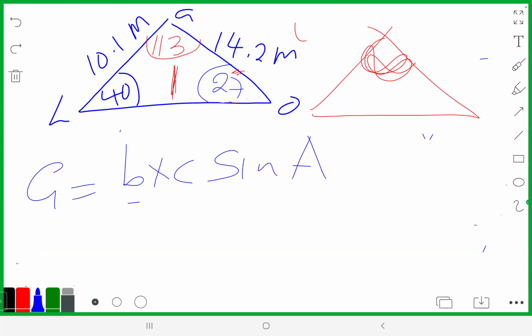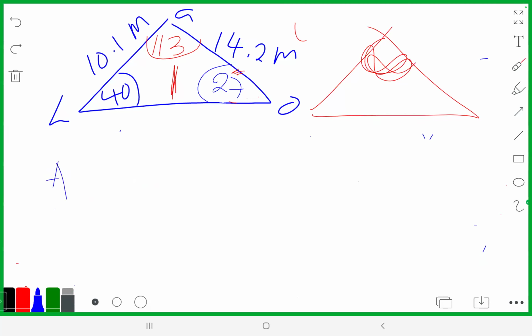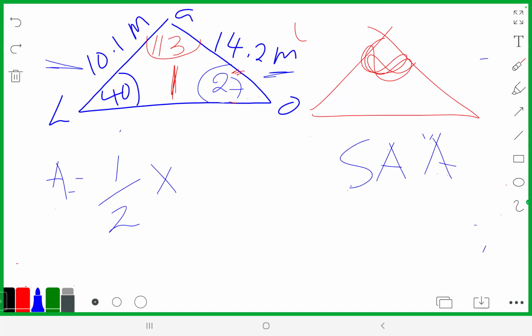Let me explain again so that you are not confused. It should be written as area equal to half multiplied by the two sides that are marking an angle in between. There should be a side, angle, side, right?